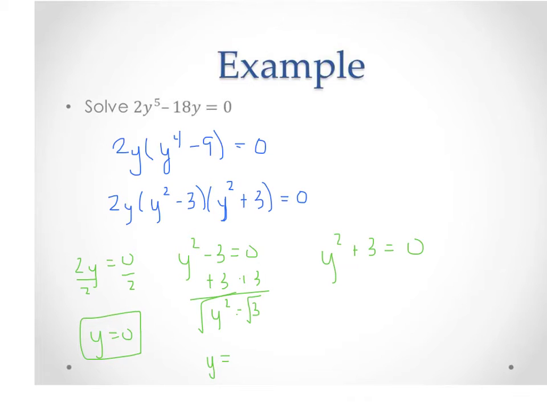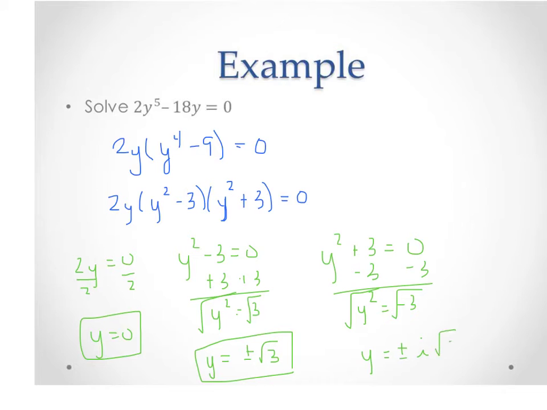So we get y equals plus or minus the square root of 3. And we subtract 3, we get y squared equals negative 3. Square root, we get plus or minus i square root of 3. Okay, so there's 5 answers there. And notice it does have a 5th power.